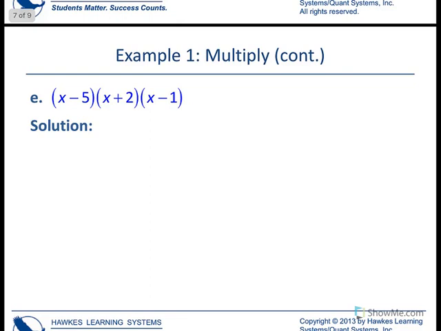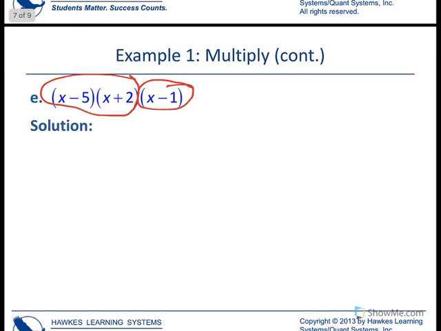So in this next problem, I have multiple things that I'm going to be doing. I have to multiply these two together first, and then at the very end I will multiply this last one.